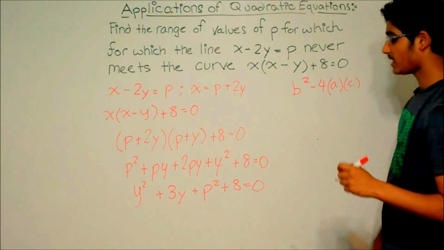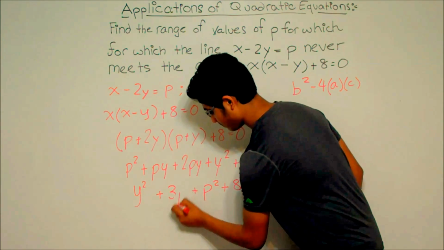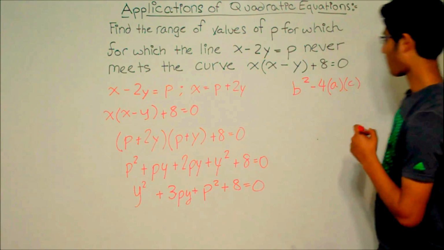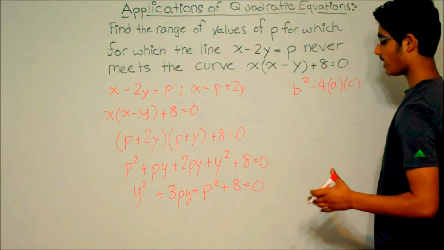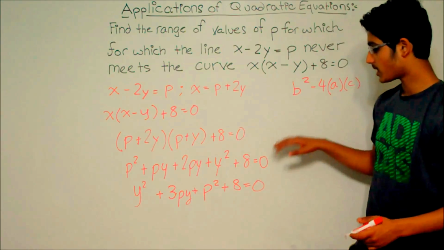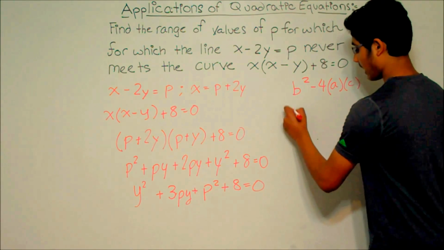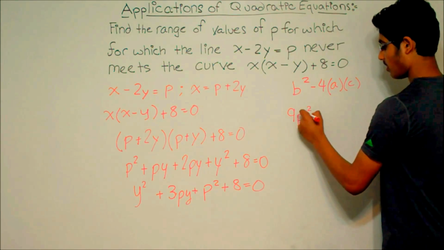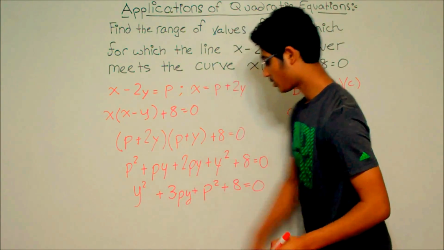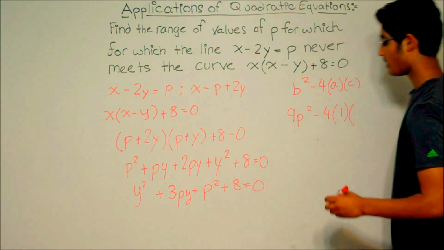So b is 3p, so it would become 3p squared, which is 9p squared, minus 4 times a, which is just 1, times c, which is p squared plus 8.